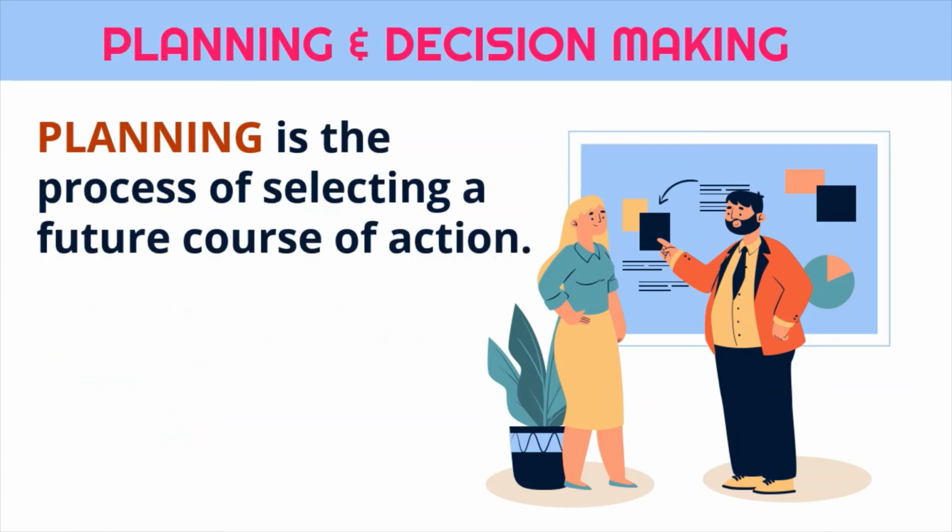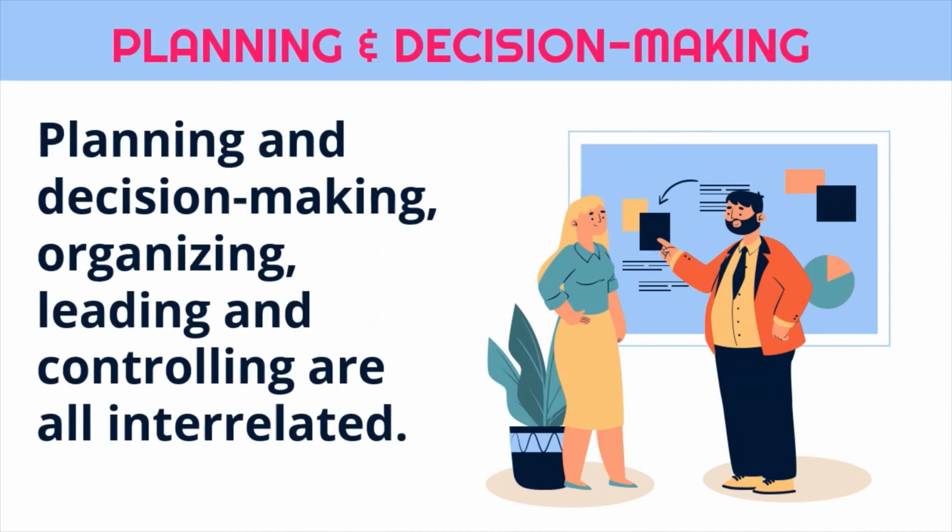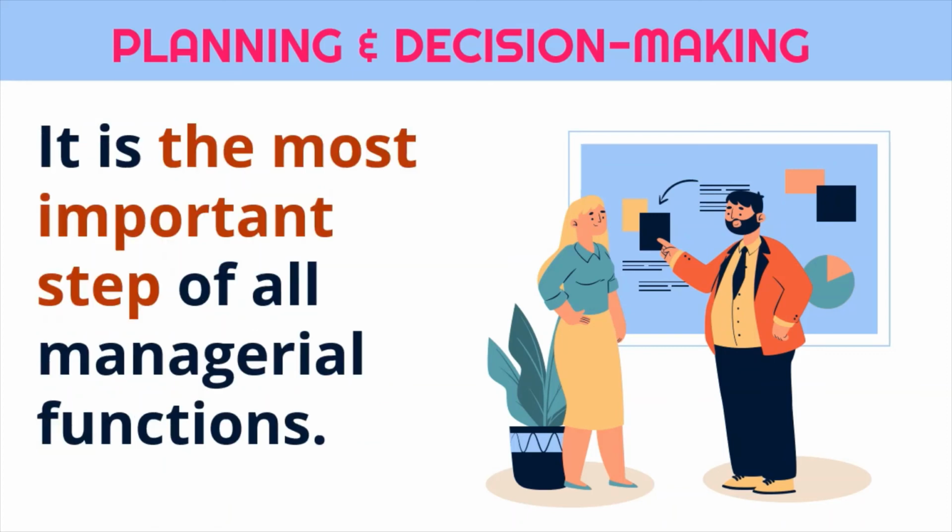Planning is the process of selecting a future course of action. Decision making means selecting a course of action. Planning and decision making, organizing, leading, and controlling are all interrelated. It is the most important step in all managerial functions.